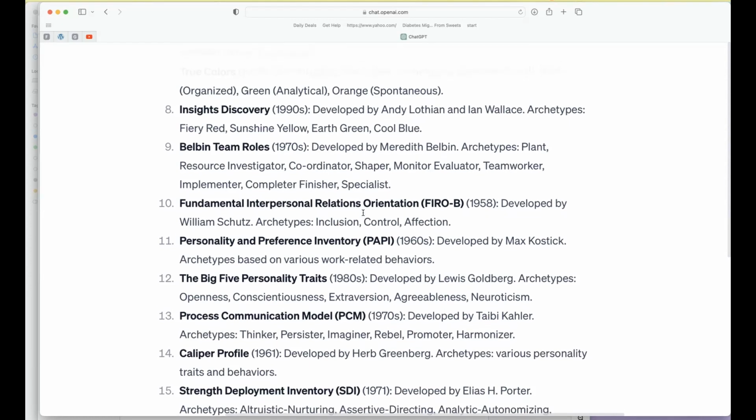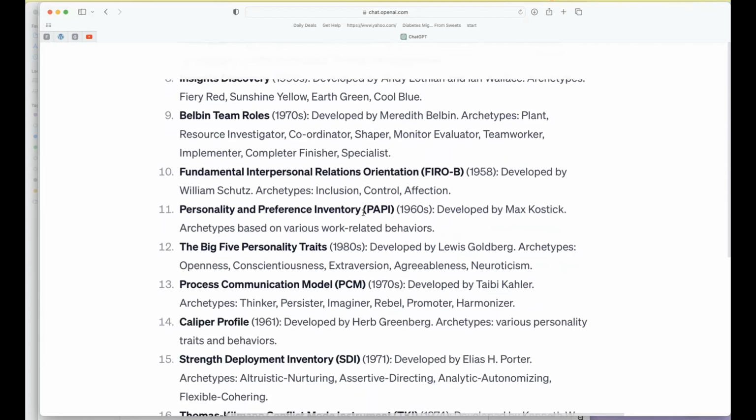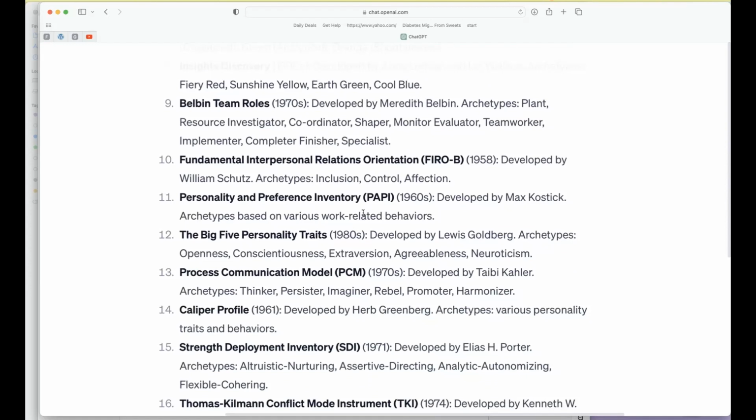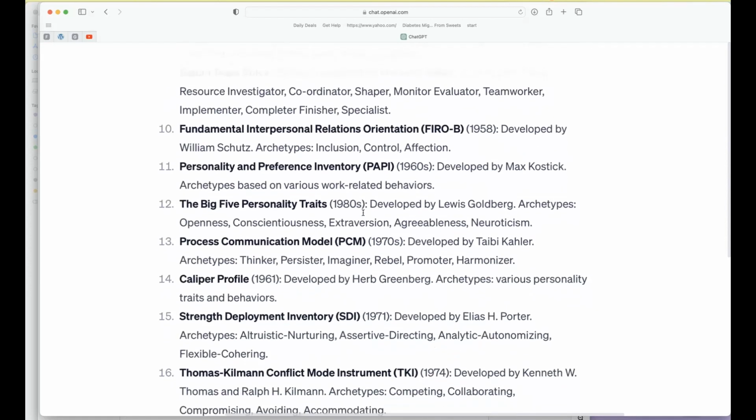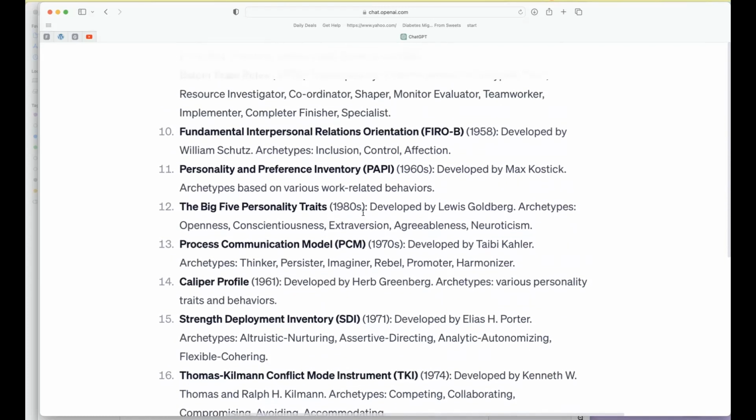And by the way, to ChatGPT, that's 3. I asked for 4. The Personality and Preference Inventory, the POPI, is based on various work-related behaviors. So that tells me there's a bunch. The Big 5 personality traits: openness, conscientiousness, extroversion, agreeableness, and neuroticism.